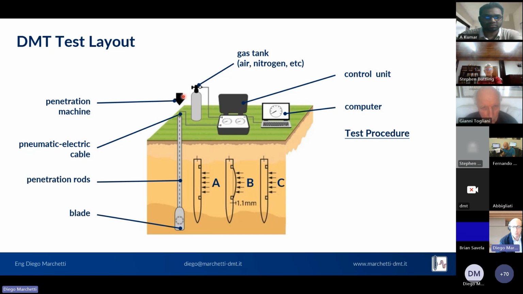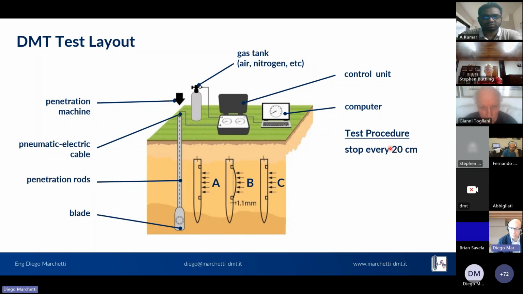The black arrow represents penetration machines that we will see in the next slides to advance the blade into the soil. A gas tank of compressed air or nitrogen is required to supply the source of pressure for inflating the blade's membrane. A computer is generally used to have a data acquisition of the test readings in the field.